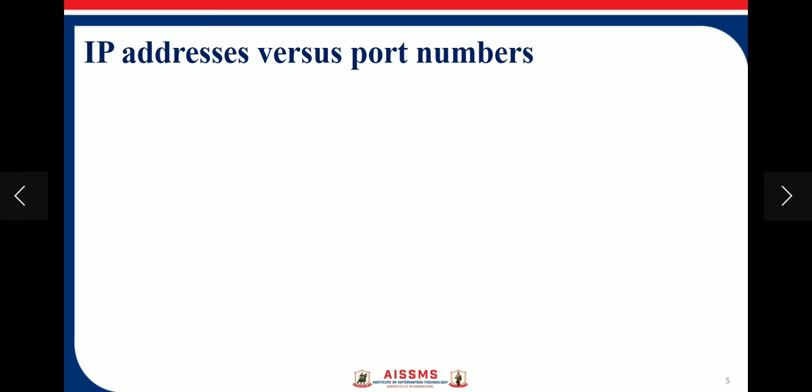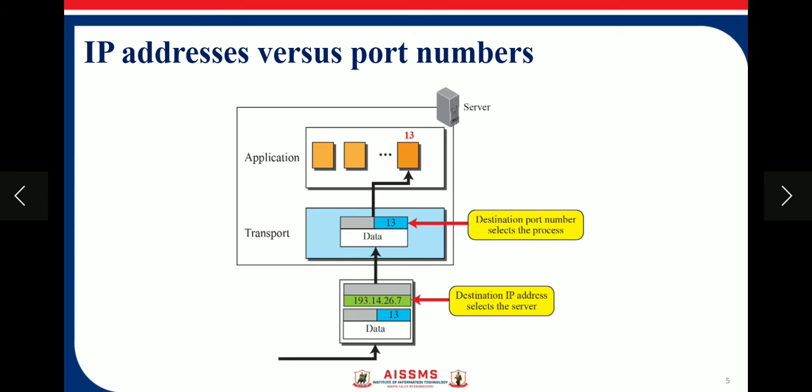IP address versus port numbers: see in the diagram, the server application uses port number 13. The transport layer destination port number selects the process. The destination IP address selects the server.